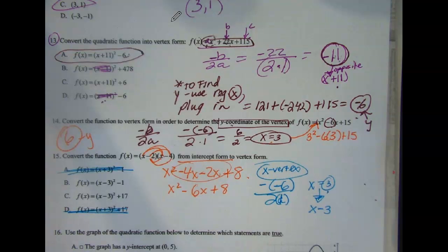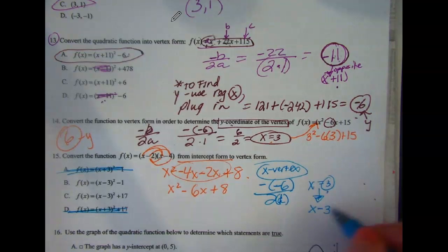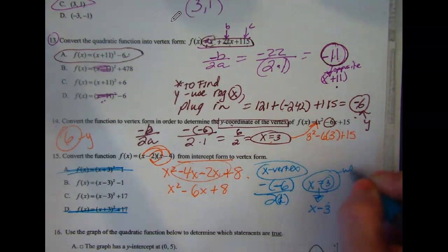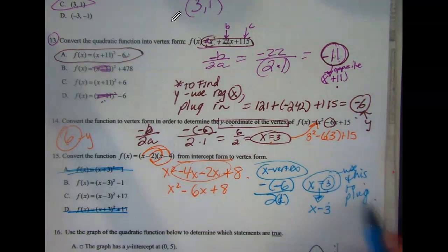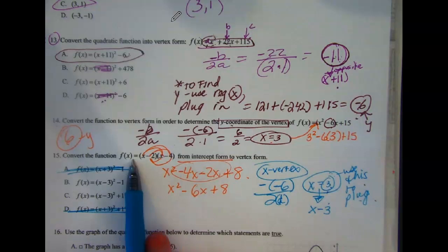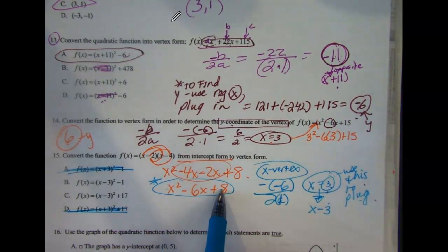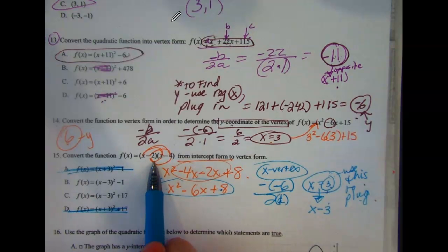So it's a -3. Now, we have to go to our original to plug in. I'm actually going to plug it back into this one I simplified, because I don't want to double distribute again.